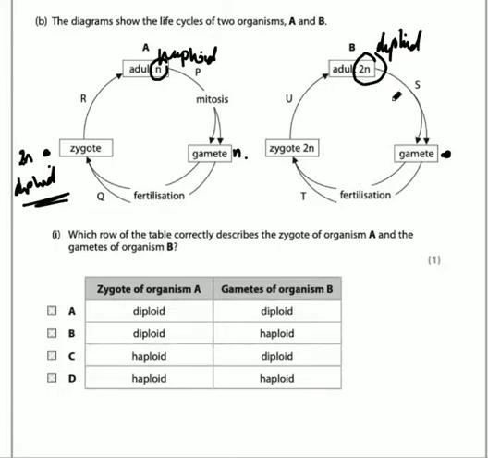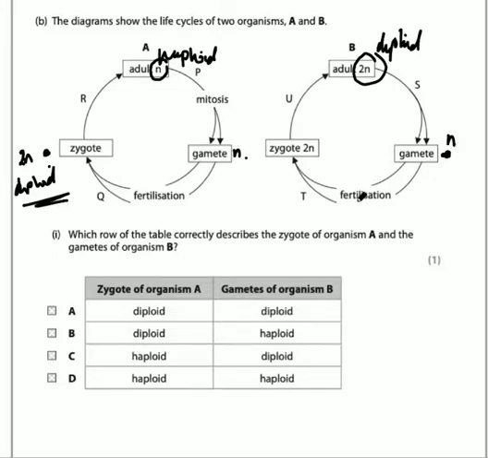Now, go to B. They want the gametes of organism B. If we start at the 2N, and then as we can see, we get splitting, that means that 2N is going to go to N. Gives us half the number.